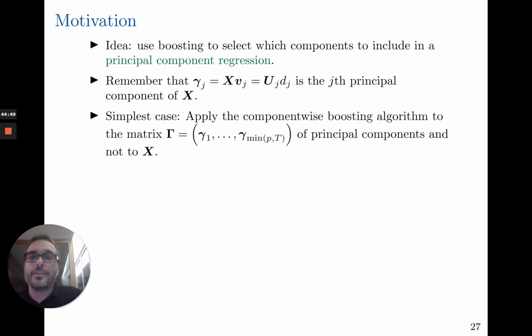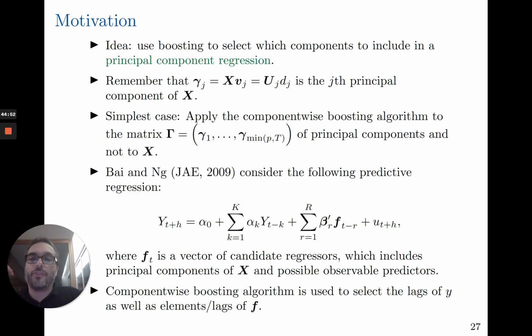So the idea is that you have a large set of economic variables, and one approach that we are going to see in detail further in the course is to construct principal components for these variables, so basically eigenvalue decomposition. These principal components, which we are going to call gamma, are kind of summarizing the information.